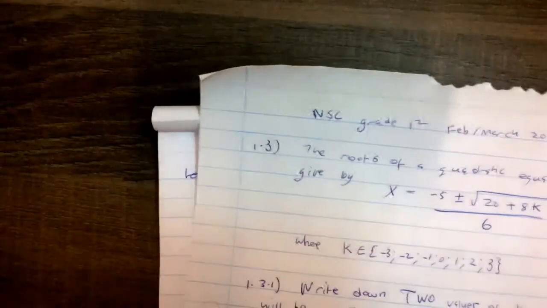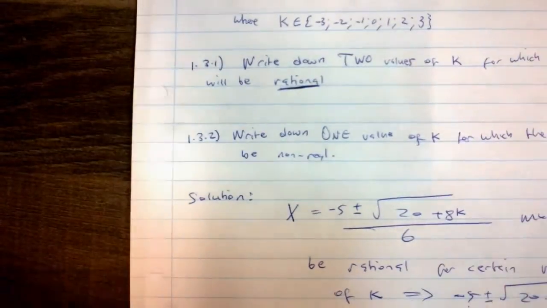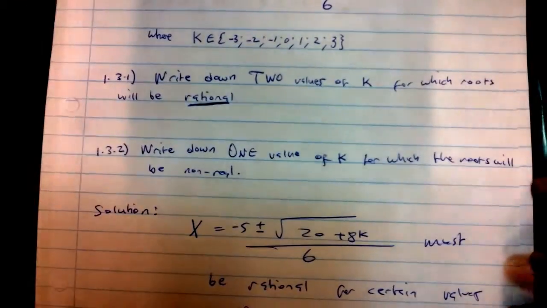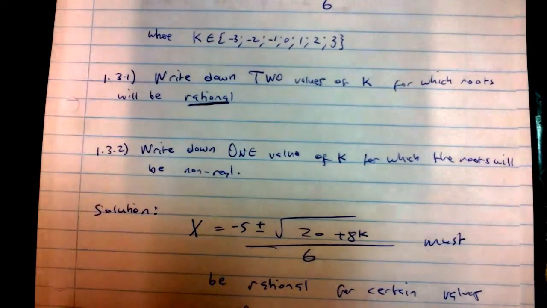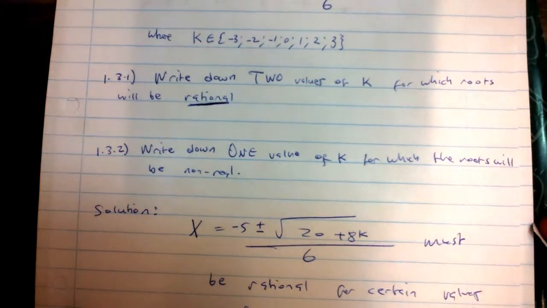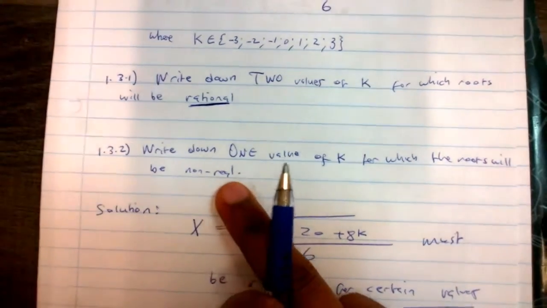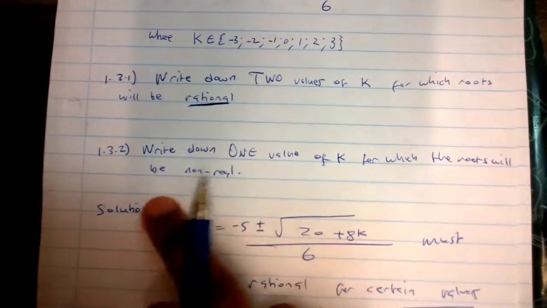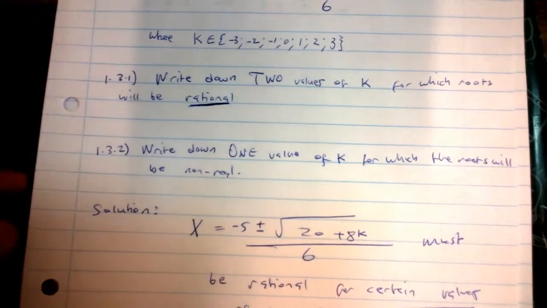So let's go to the next question. The next question says, write down one value of k for which the roots will be non-real. So you want only one value of k such that that thing gives you non-real roots.